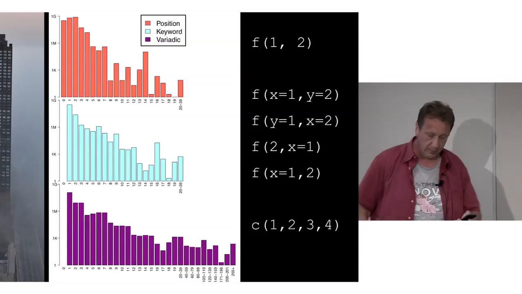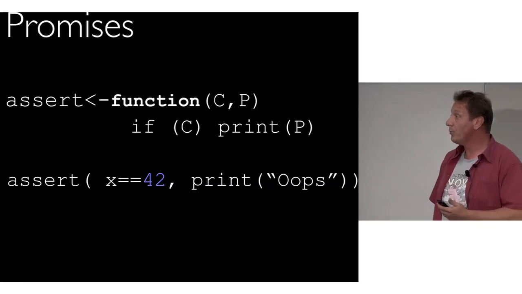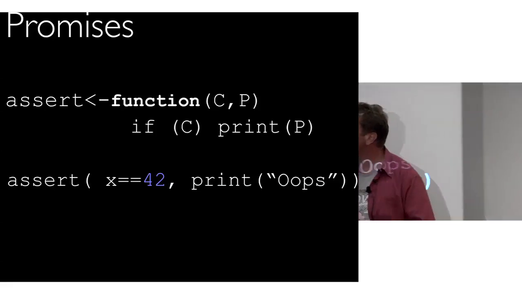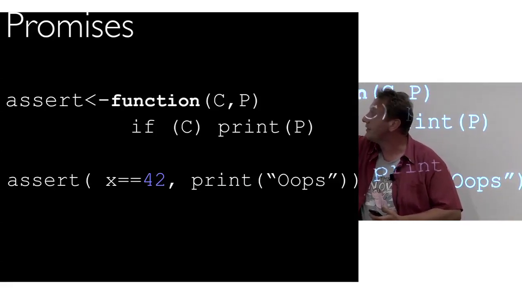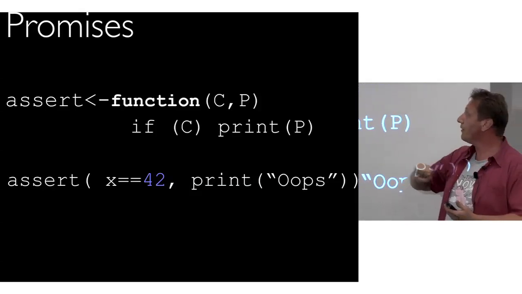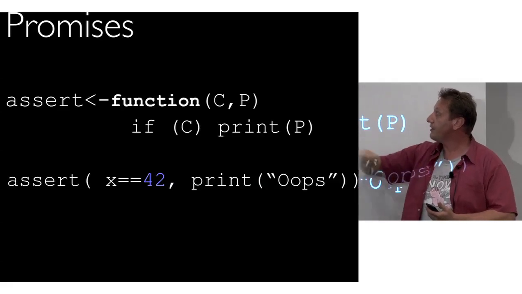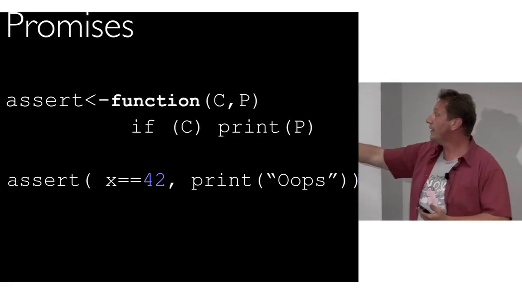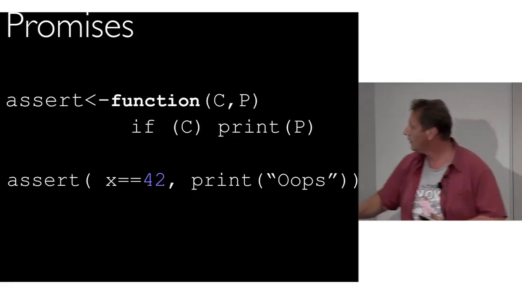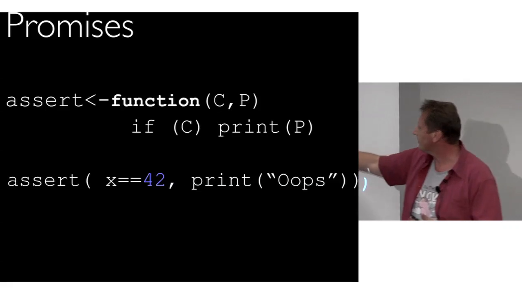Can't be easily ignored. So R, I said, is a lazy language, and by lazy, I mean I can define an assert function. So this is just a name, assert. I'm binding it to a new function that takes 2 arguments, and if the first argument evaluates to true, it calls print on the second. Well, actually, I was changing my example. This one doesn't make sense.